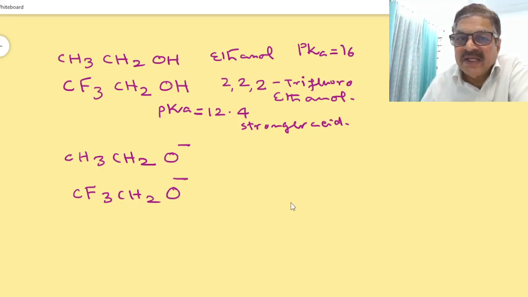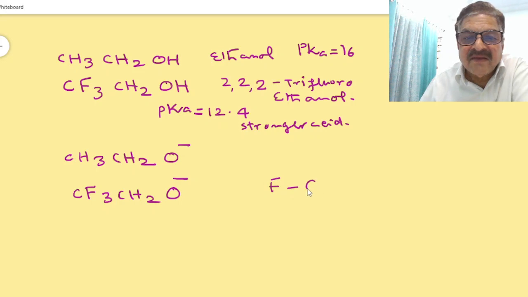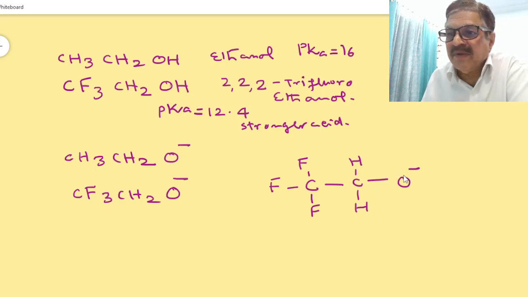So here I can show you. This is the fluorine atom here, CF3, then we have CH2, O minus. This is the conjugate base here.